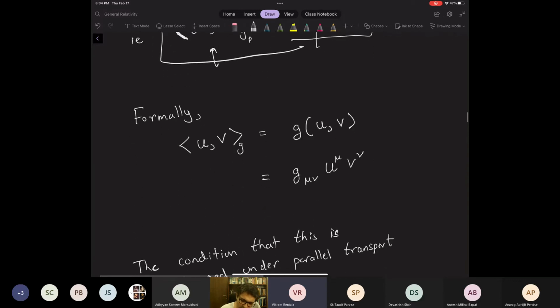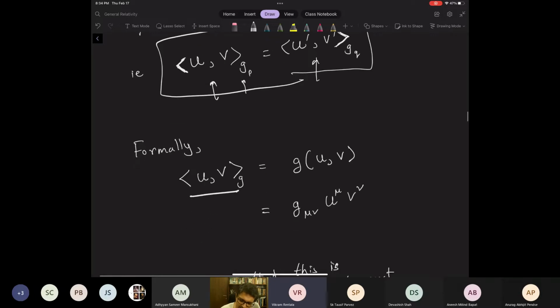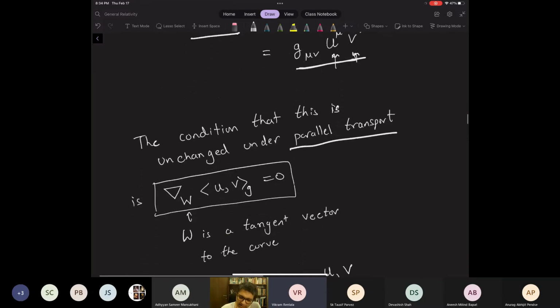So formally, the inner product, which I write in components as g mu nu, u mu, v nu, is unchanged under parallel transport if, when I parallelly transport by some vector w, where w is a tangent vector to the curve, the transport of this inner product gives me 0.